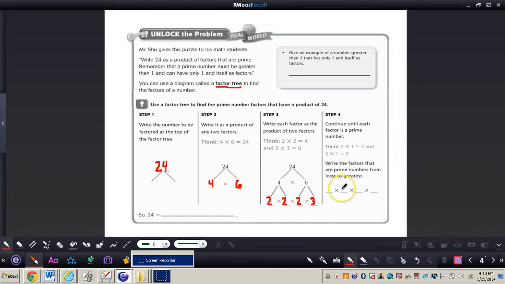So then we want to write the factors that are prime numbers from least to greatest. Let's do that. Even though we already have it here, we'll rewrite it again. 2 times 2 times 2 times 3. So we know that 24 equals 2 times 2 times 2 times 3. In other words, when you multiply all these numbers together, it'll still give you 24.